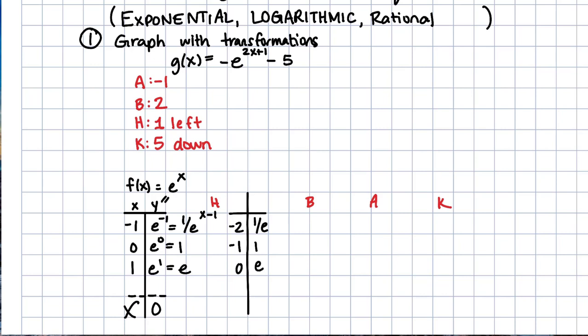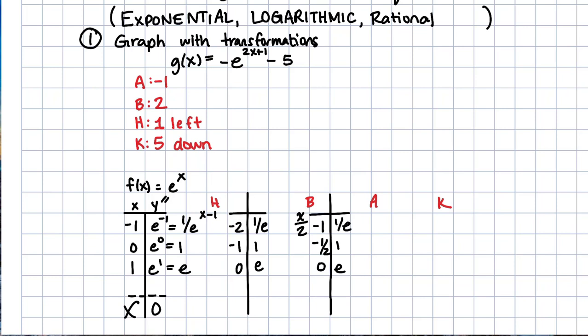Then for our b, it's going to have the effect of dividing the x-coordinate by our b value. So we're going to get -1, -1/2, and 0, and the y's stay the same.